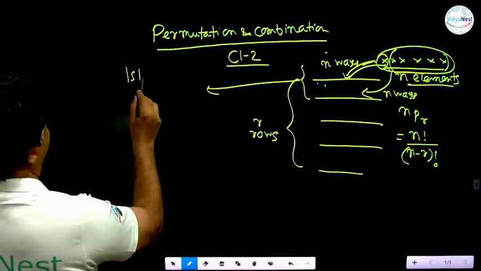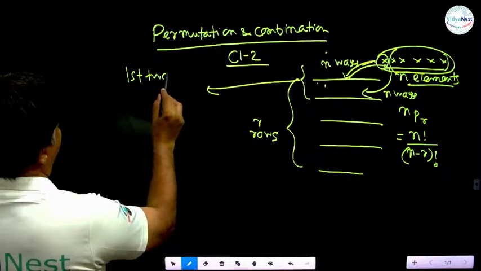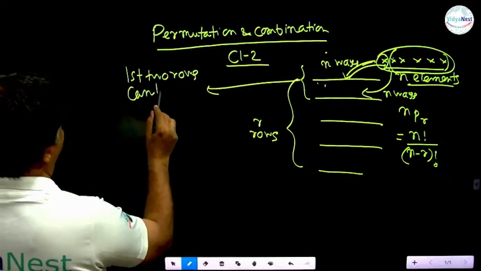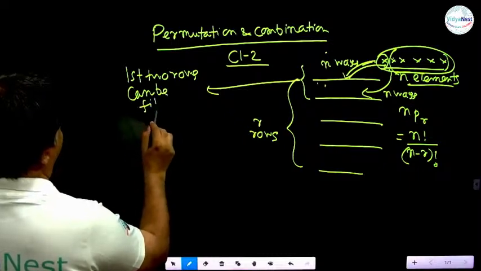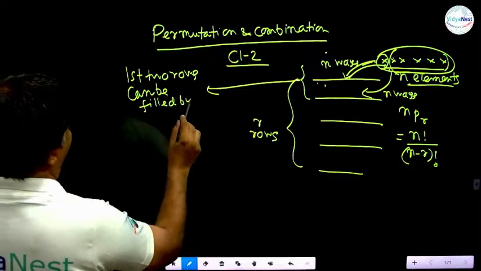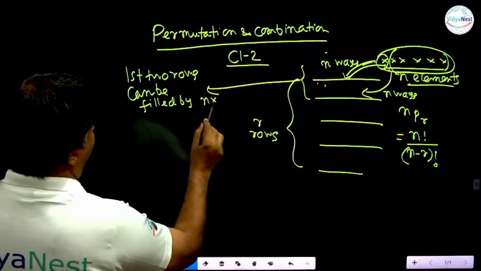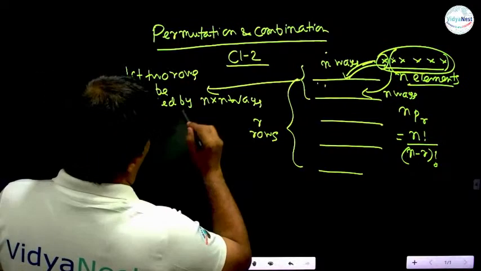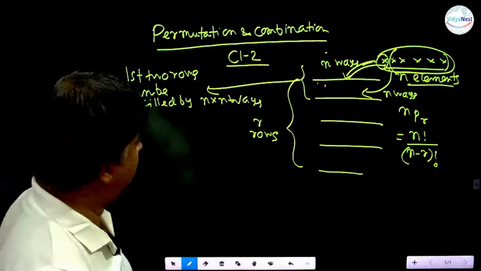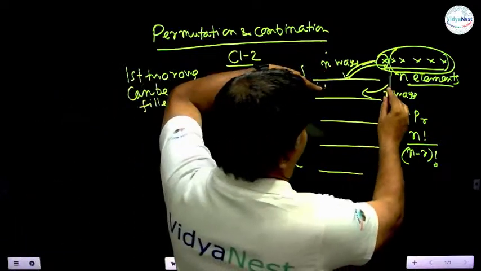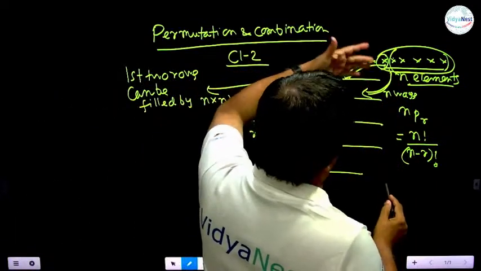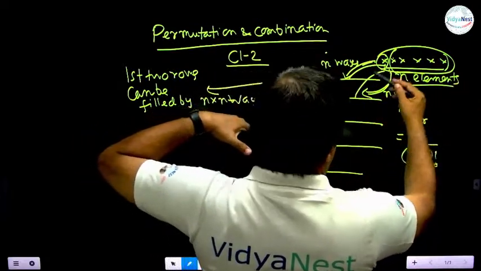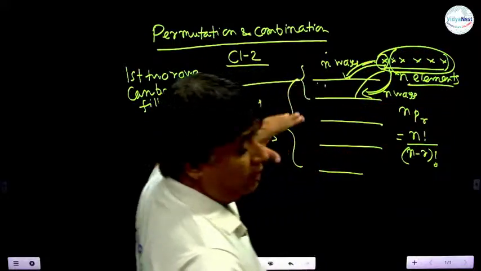Now the first two rows can be filled up in n into n ways, which in the last case was n into n minus 1 ways. The element chosen to fill up the second row will be returned back, so that the total number of elements will not be reduced.